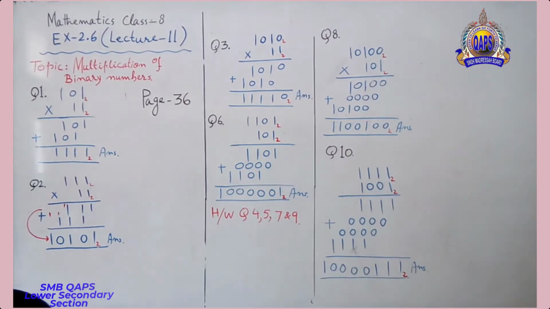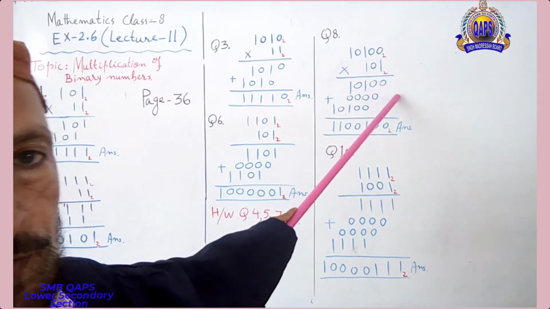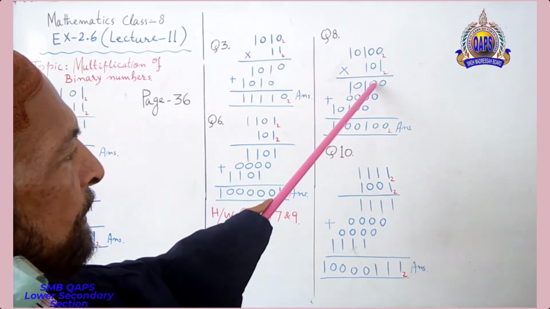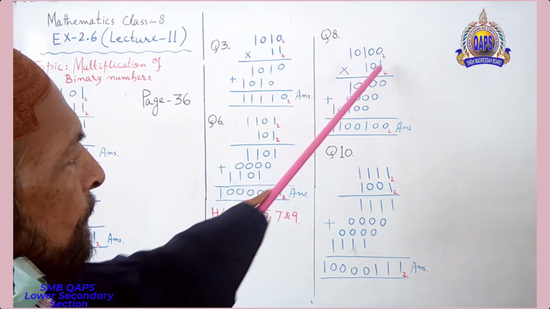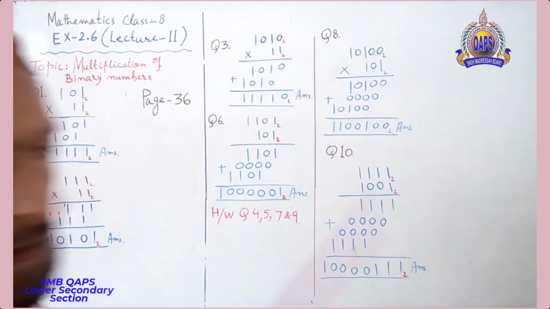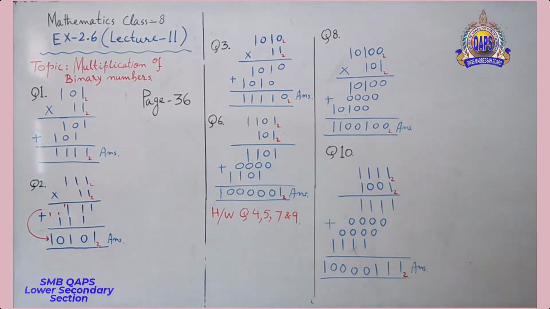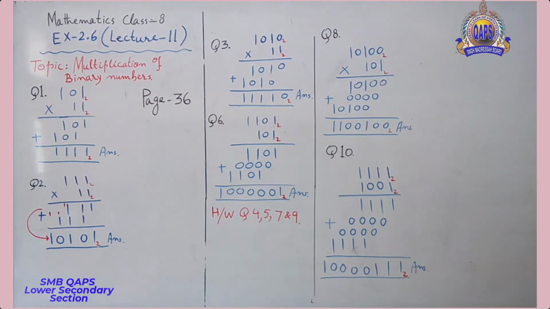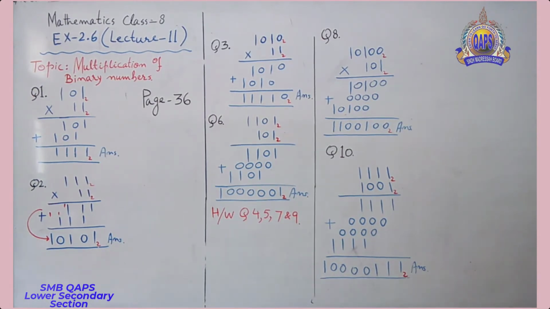First of all, multiply by 1. 1 zeros are 0, 1 zeros are 0, 1 ones are 1, 1 zeros are 0, 1 ones are 1. In the same way, multiply by 0. All digits will be 0 if you multiply by 0.